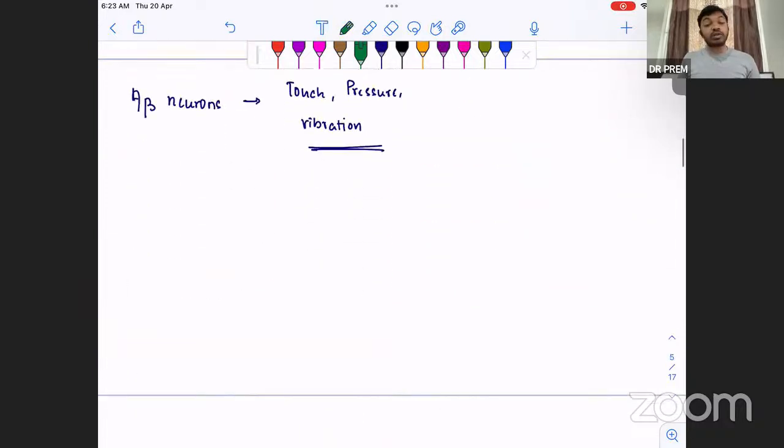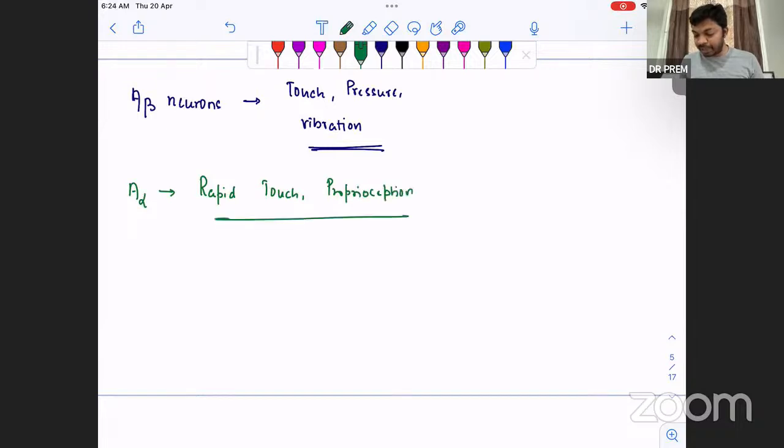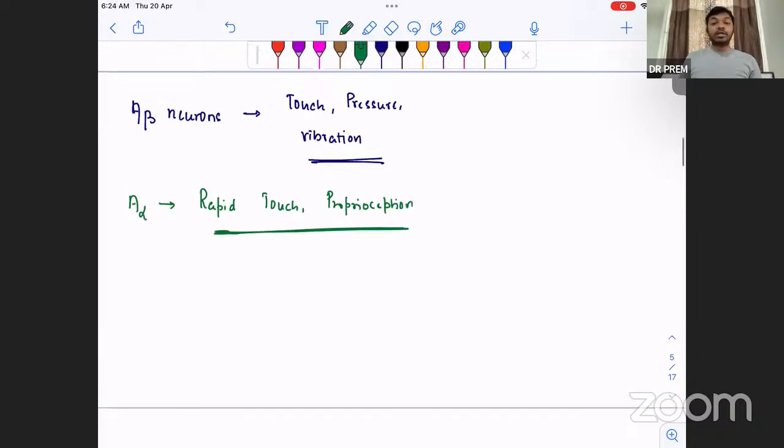Why is A alpha neuron not involved? Because A alpha neuron is essentially involved in very rapid touch as well as proprioception. These rapid touch and proprioception are not going to participate in gate control theory. As a consequence, A alpha is not actually involved in gate control theory, doctors.